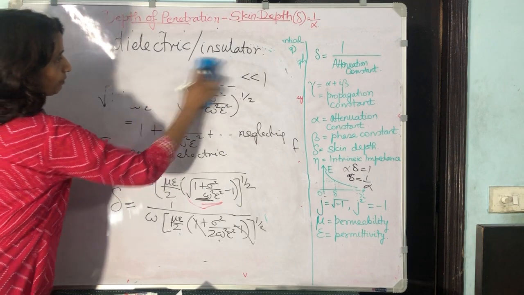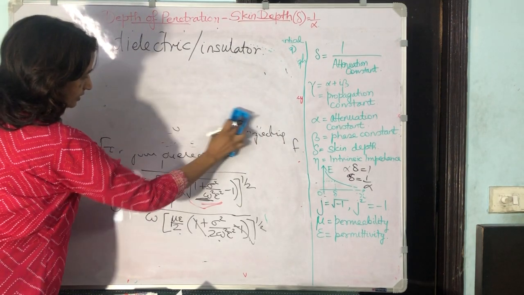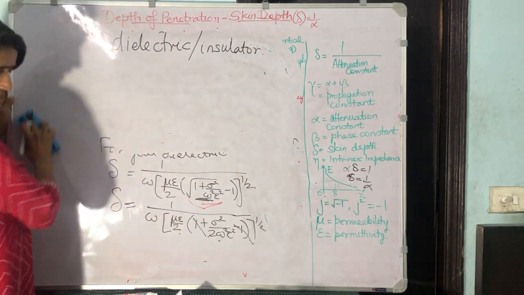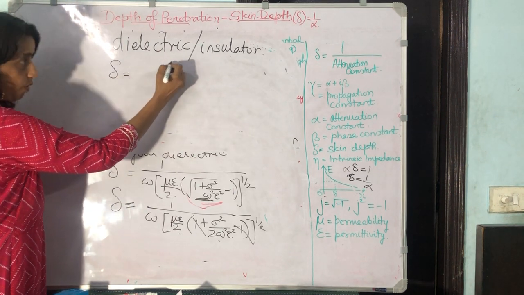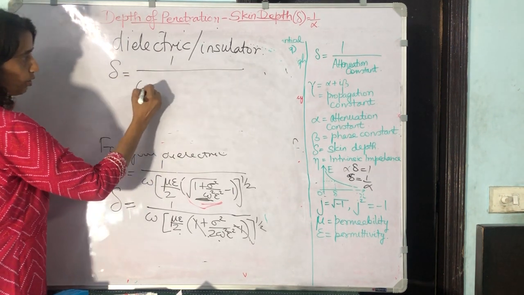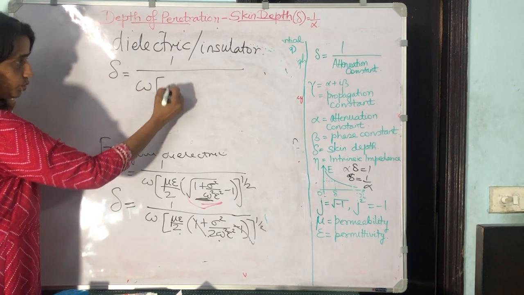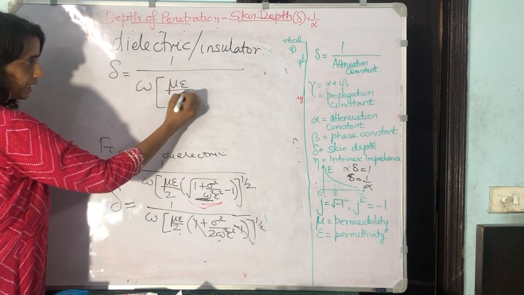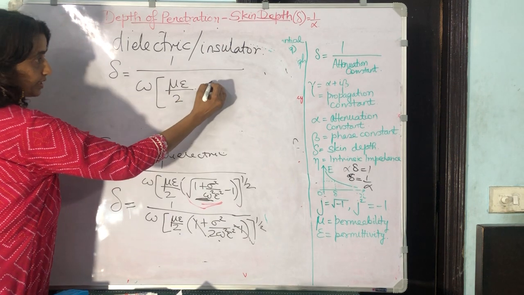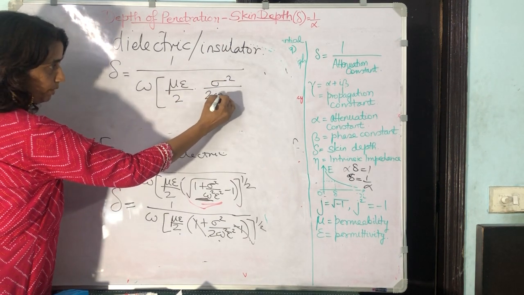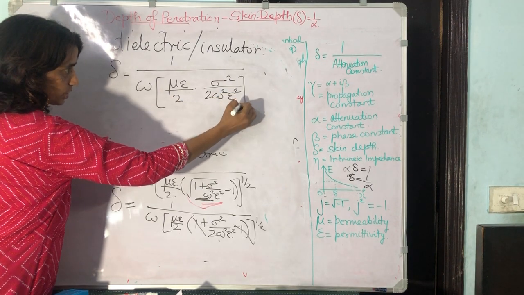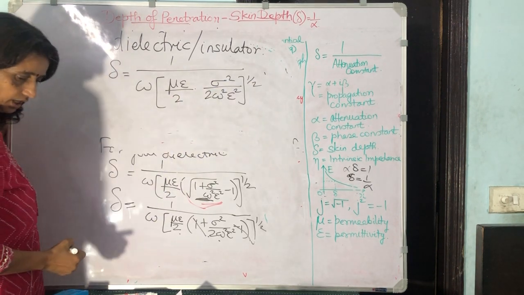So the skin depth formula for dielectric becomes 1 upon omega into under root mu epsilon by 2 into sigma square upon 2 omega square epsilon square, to the power of half.